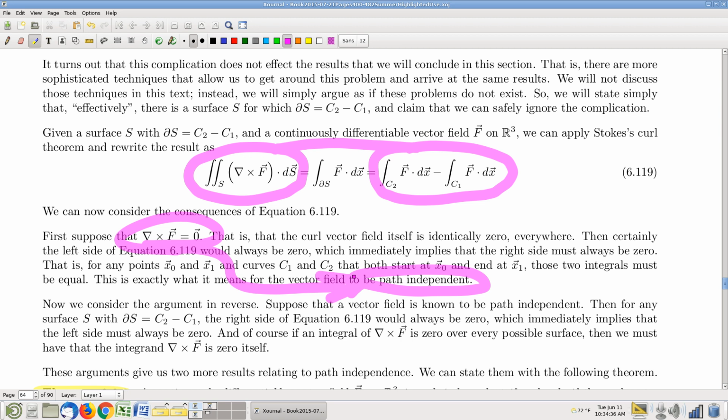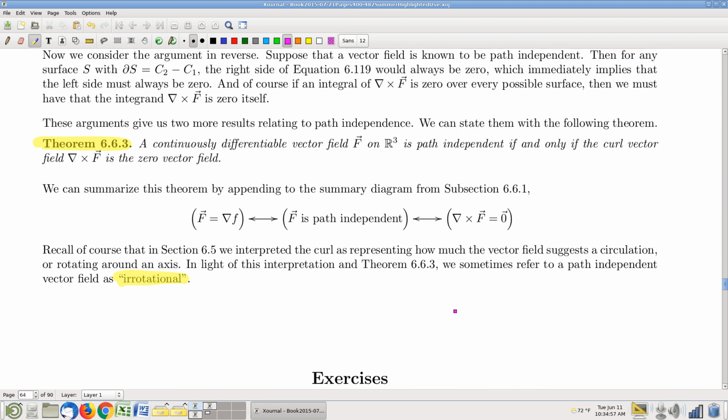This integrand, the curl of f, must be 0. So not only does curl equals 0 imply path independent, but path independent implies curl equals 0. Okay, so it's a pretty neat argument there, and notice that this supplements what we already knew.